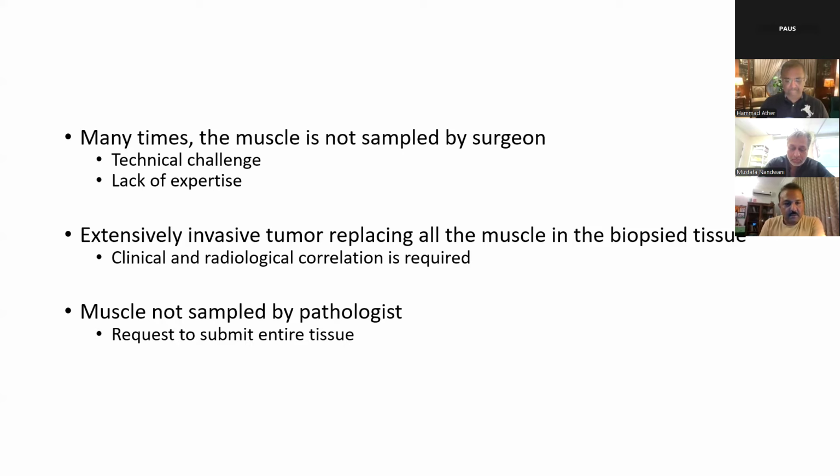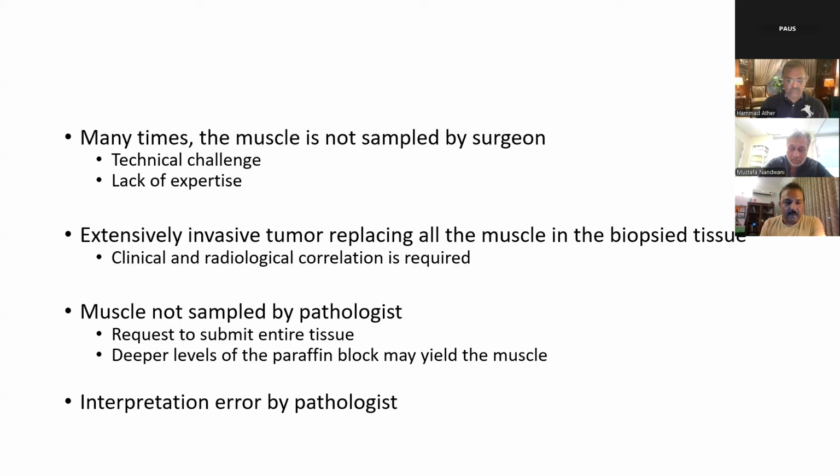So in that case, always ask the pathologist to submit the tissue entirely, and if they have already submitted the tissue entirely, ask for deeper cuts. For the same reason, the deeper cuts may reveal muscle. And lastly, there may be interpretation error from the pathologist, especially if they are not experienced.